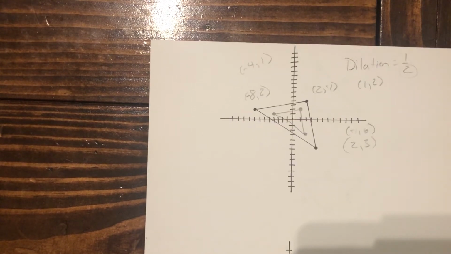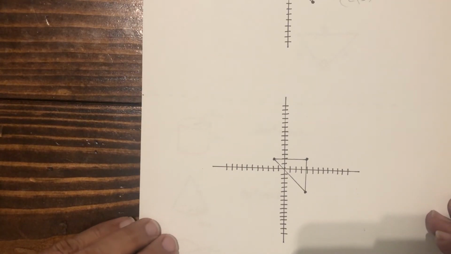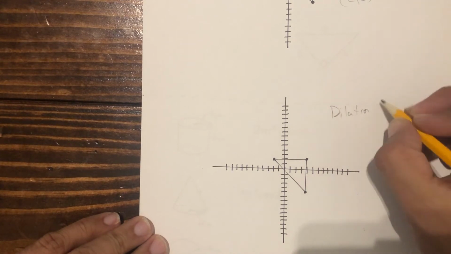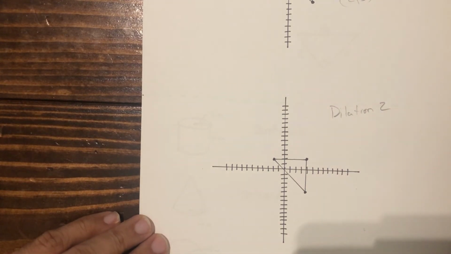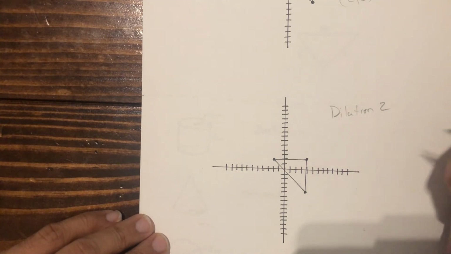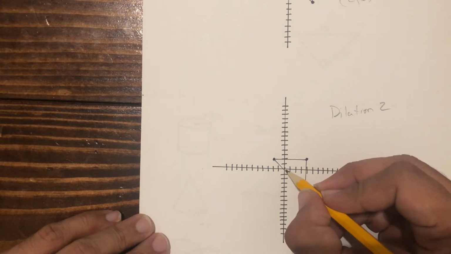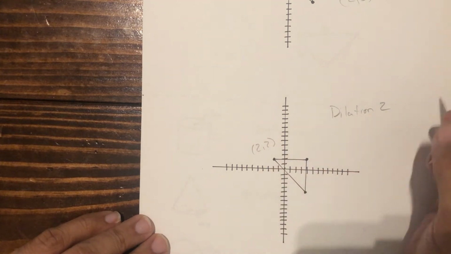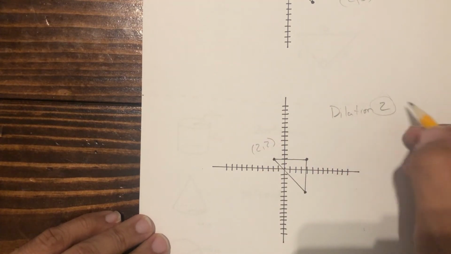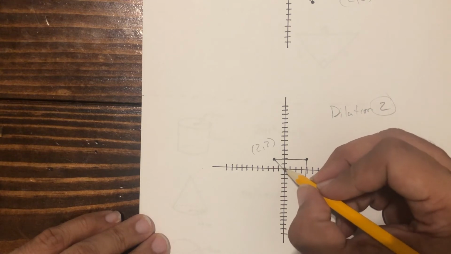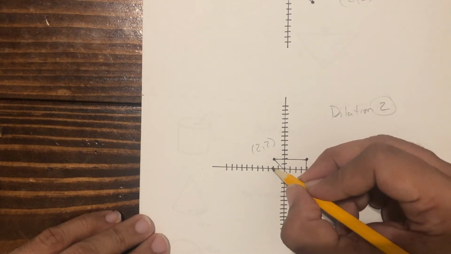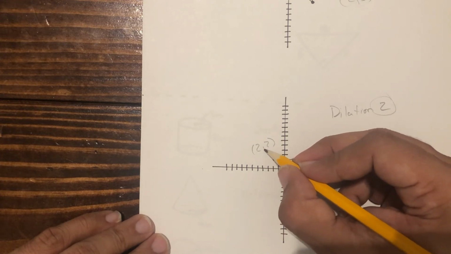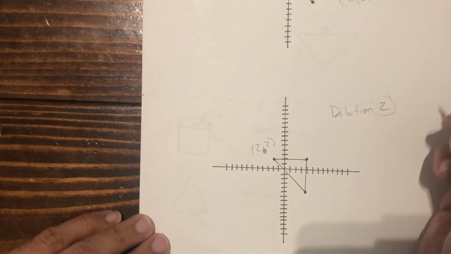Now let's go to the next one. Let's do a dilation where I multiply. Dilation of 2. Okay? So this is a 2 by 2. So that's 2, 2. If I dilate it by 2, meaning multiply by 2, it's going to be 4, 4, right? There is the first dot.